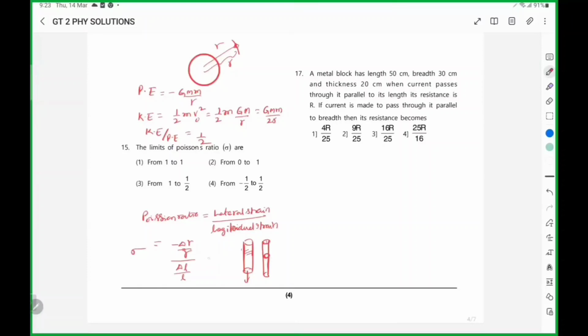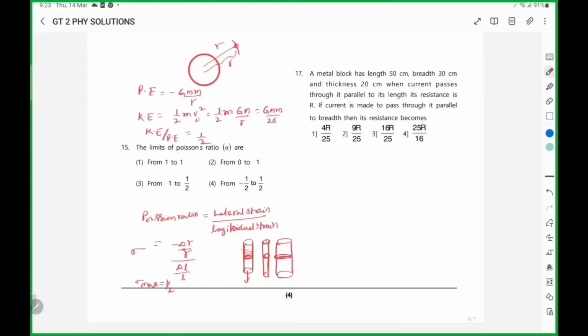So here the maximum value of Poisson ratio is half, and some materials, once you stretch it, instead of a decrease in the cross sectional area, there is an increase in the cross sectional area.